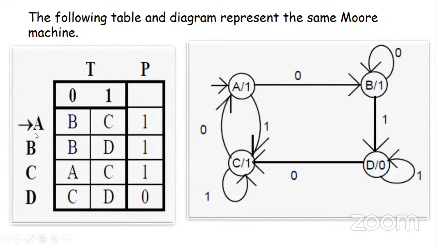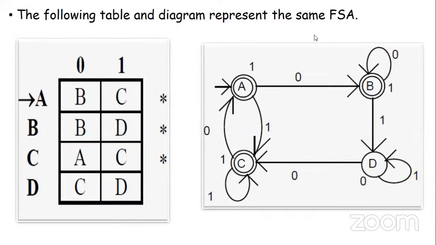So you're at A, you receive a 0, you move to B. Okay, this is a regular FSA.